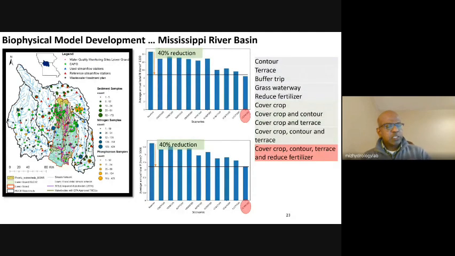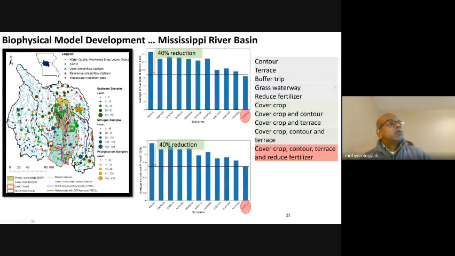So we parameterized these various conservation practices and incorporated them in our biophysical model in order to understand how effective these practices are. As I mentioned earlier, our goal is to reduce this chemical pollution, particularly phosphorus and nitrogen, by 40% by 2035. So what you see here is we evaluated several combinations of conservation measures and identified which combinations would help us to accomplish our goal of 40% reduction.